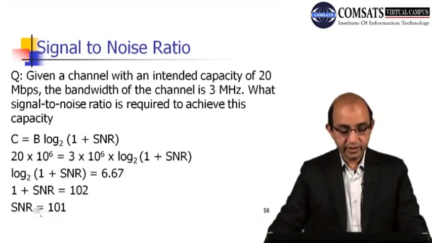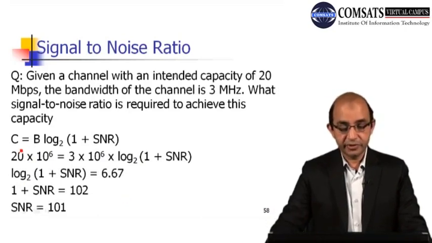So we will be putting in the values. Channel bandwidth is 3 megahertz, so 3 into 10 raised to power 6, and capacity is 20 megabits per second, 20 into 10 raised to power 6, equals 3 into 10 raised to power 6 times log base 2 (1 plus SNR).